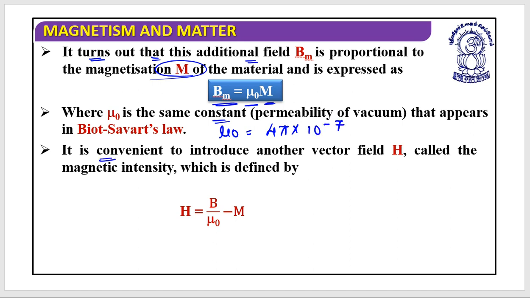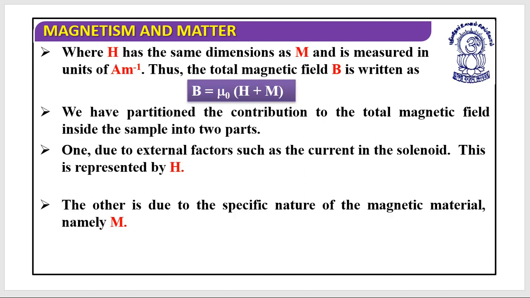So it is convenient to introduce another vector field H that we call the magnetic intensity. Initially it was the magnetization; now we are defining the magnetic intensity as H equals B by mu naught minus M, where H has the same dimensions as M, and it is measured in ampere per meter.